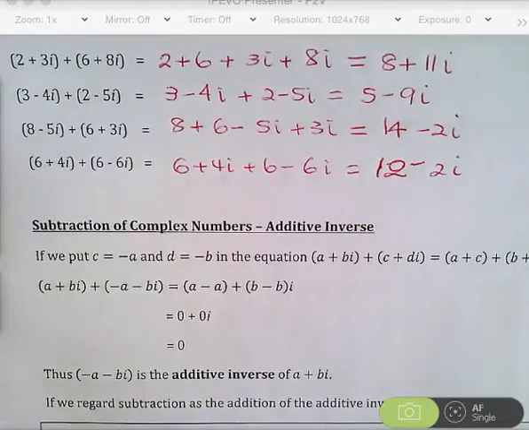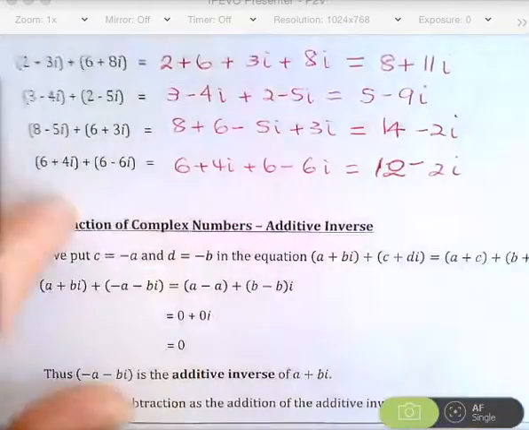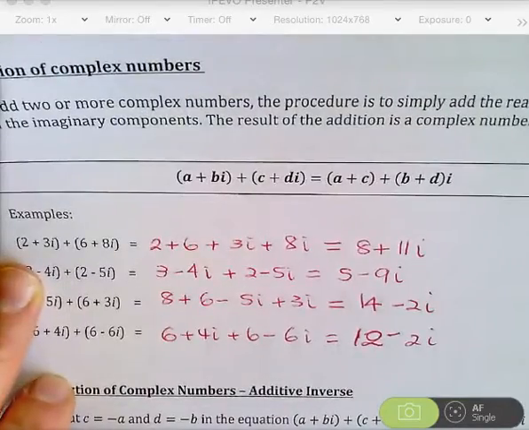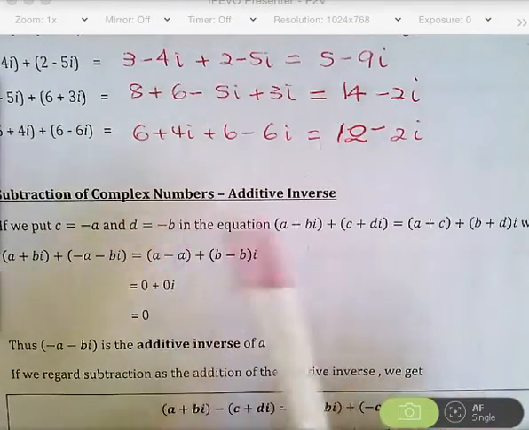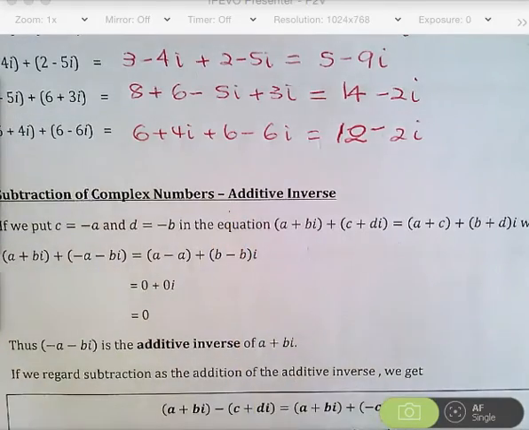Now, subtraction of complex numbers. We know how to add complex numbers, but subtracting is just the same, though they have a complicated way of saying subtraction. Subtraction of a complex number is called the additive inverse.